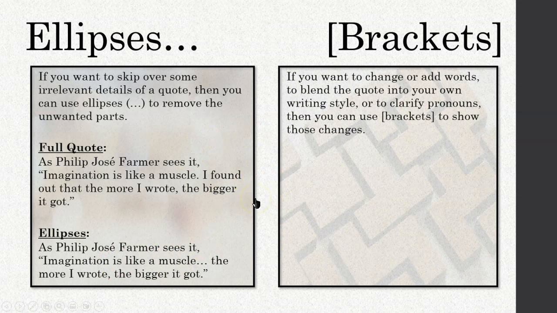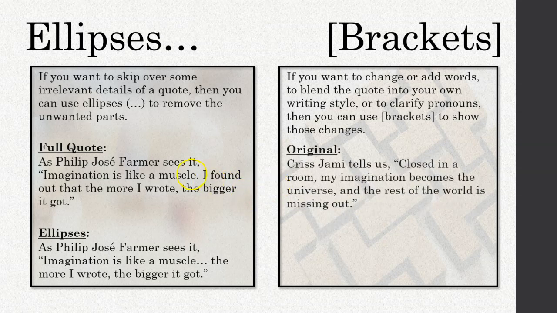Next is brackets. So if you want to change or add some words to blend the quote into your own sentence, maybe you want to clarify some type of pronouns, you can use brackets to show the changes that you've made. So in the original, we have a quote that says, Chris Jamie tells us, closed in a room, my imagination becomes the universe, and the rest of the world is missing out.